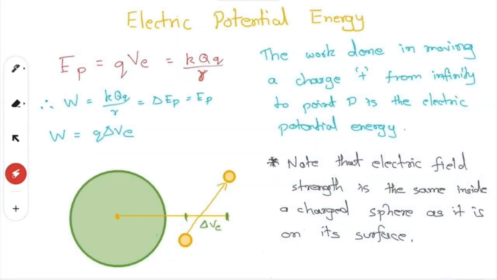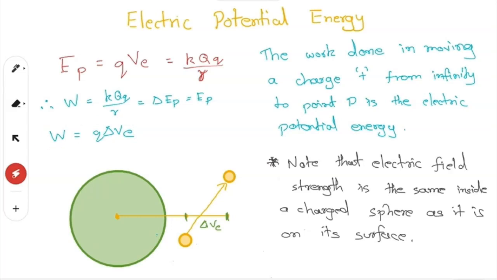And we also know that, like work done is mass times the change in gravitational potential, the work done in terms of electric potential should be this.